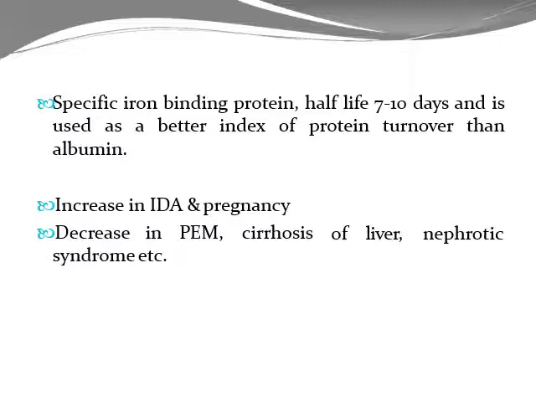Its half-life is around 7 to 10 days and it is used as an index for protein turnover. It is increased in conditions like iron deficiency anemia and in pregnancy, and decreased in protein energy malnutrition, cirrhosis, and nephrotic syndrome.